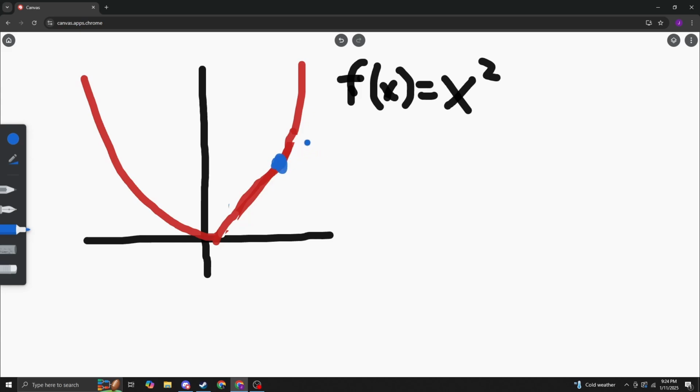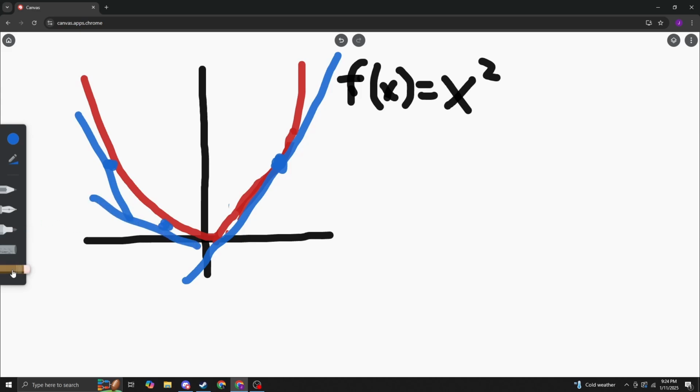Let's say this point here. So if I were to draw a line that's tangential here, that we call this the tangent line, how would I find the slope here? And that's what differentiation is. So you're trying to find the slope of the tangent line at any point across the function.